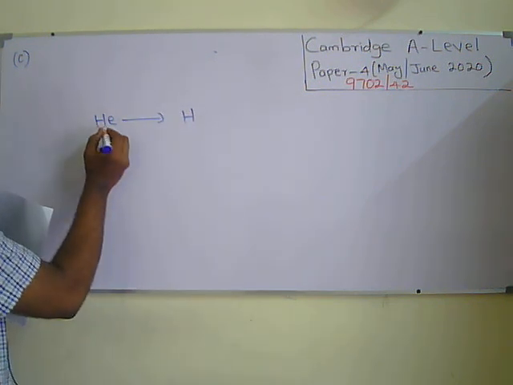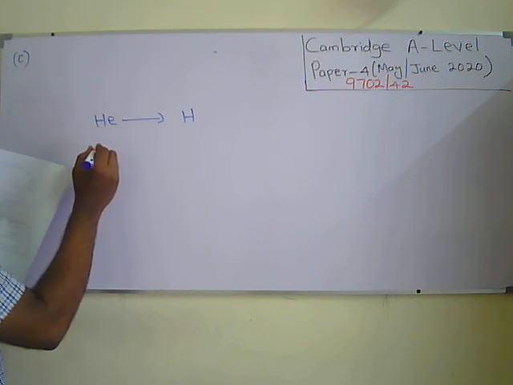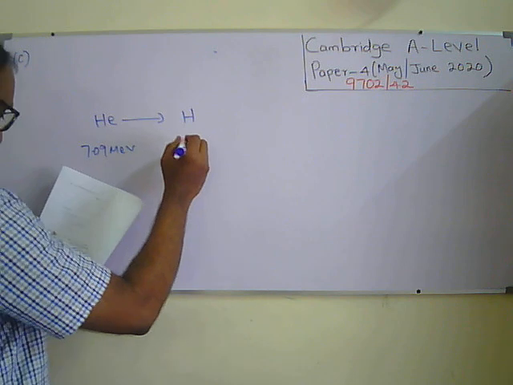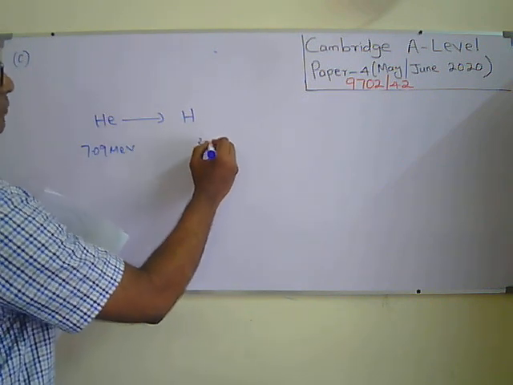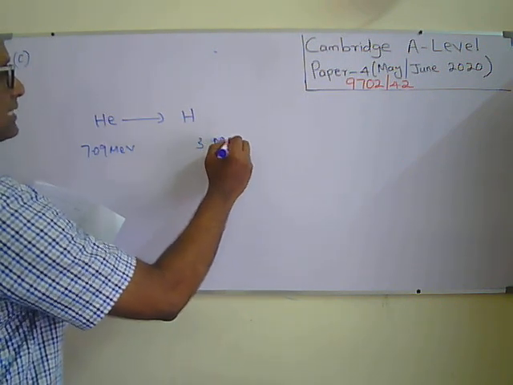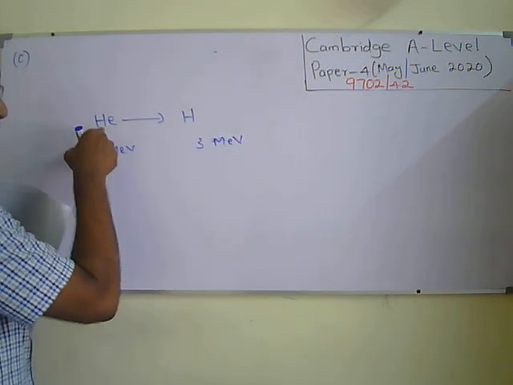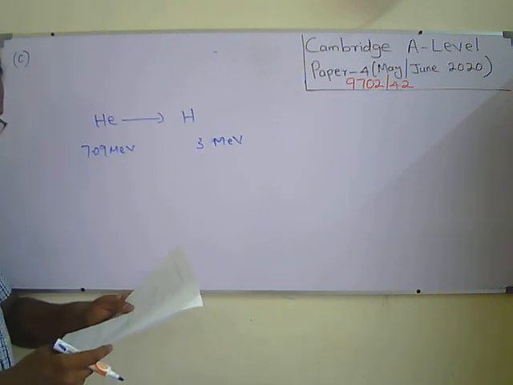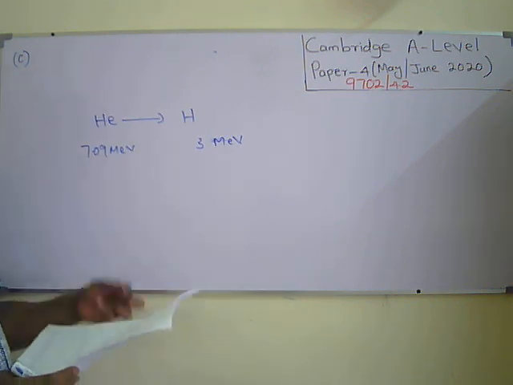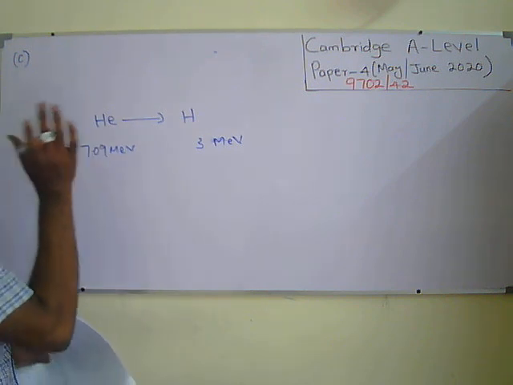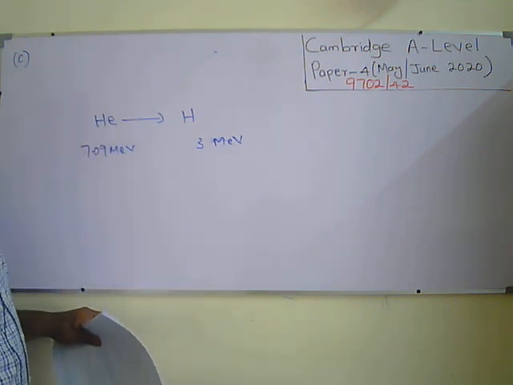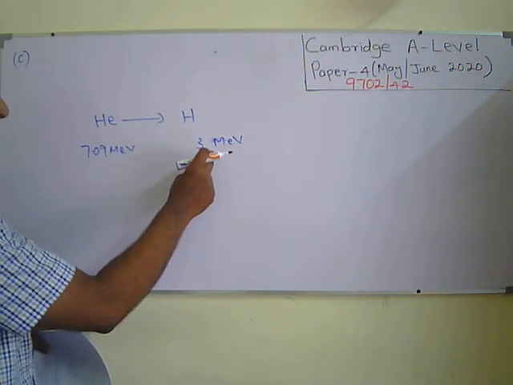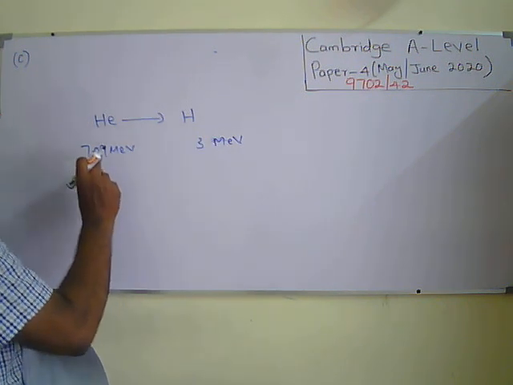No, because the binding energy per nucleon of helium, we found, is 7.09 MeV, and they are giving less than 3 MeV for hydrogen. So that means the hydrogen is unstable compared to the helium. So that will not happen with release of energy. You can make it happen by supplying energy, but this reaction never happens spontaneously because the products are unstable compared to helium.